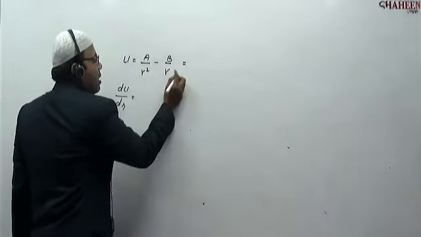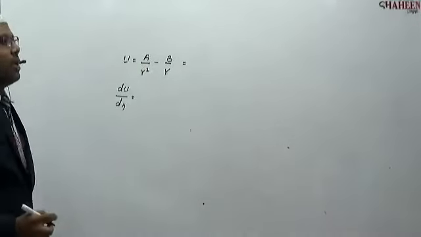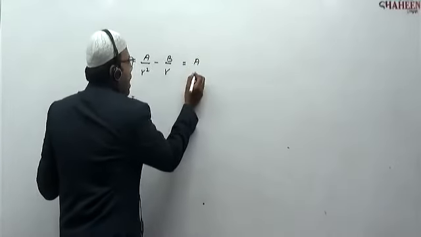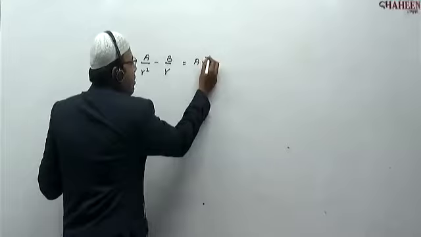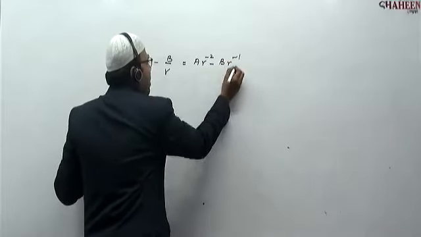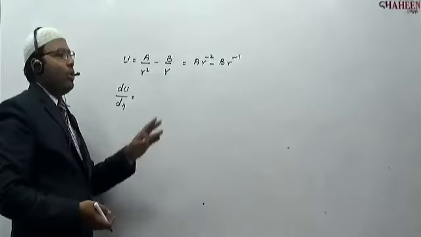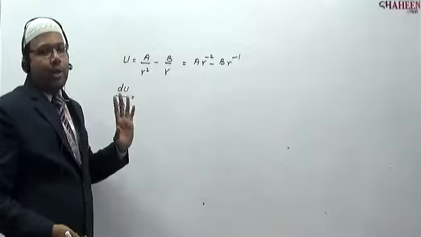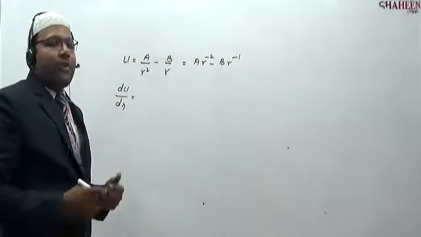For this part, when we differentiate, this is a as it is, r power minus 2, minus b r power minus 1. You know why I am doing this? I am taking r square in the numerator and r also in the numerator. What is the differentiation formula?